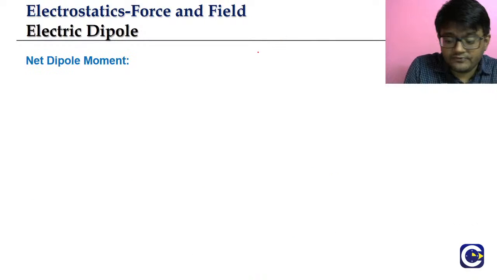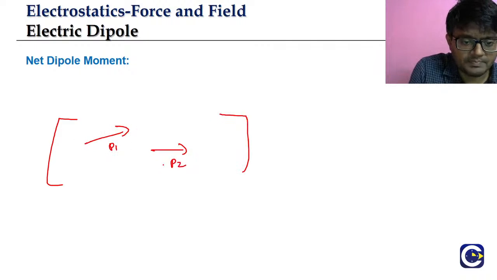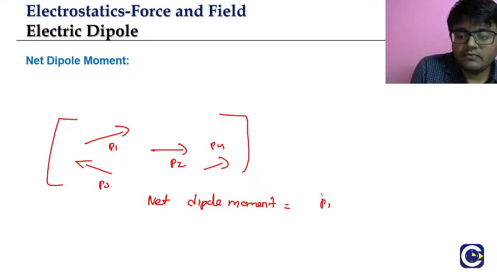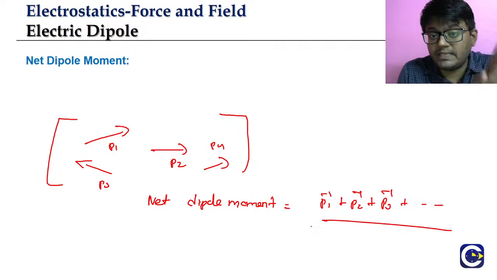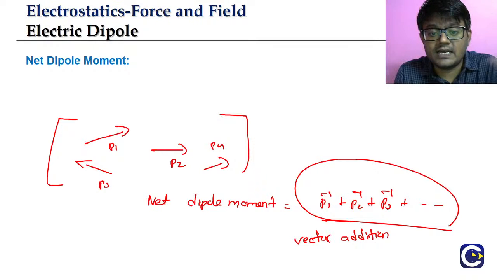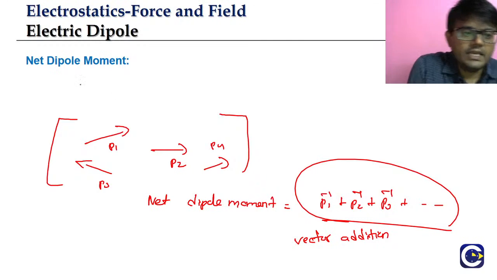Now, if in a particular region there are many electric dipoles, like P1 on this side, P2 on this side, P3, P4, then the net dipole moment is the vector sum of all these. We add them, but we have to keep in mind that the addition follows the vector principles of addition, because dipole moment is not a scalar, it is a vector. So we must consider directions too. Okay? This is how we find the net dipole moment.